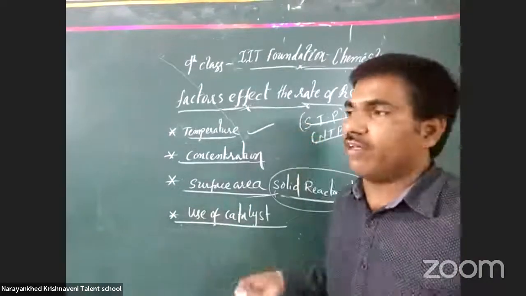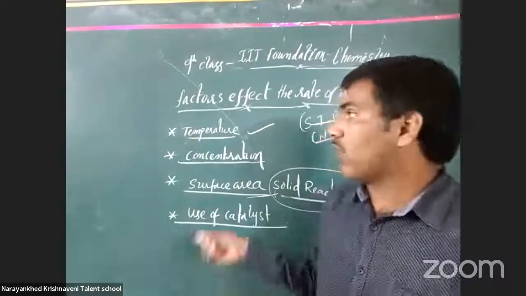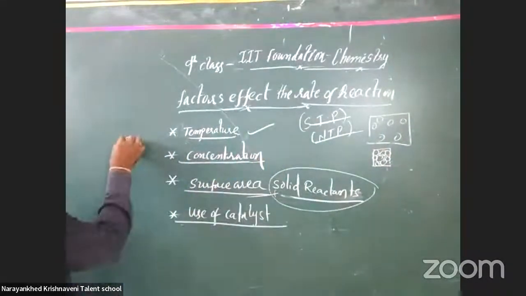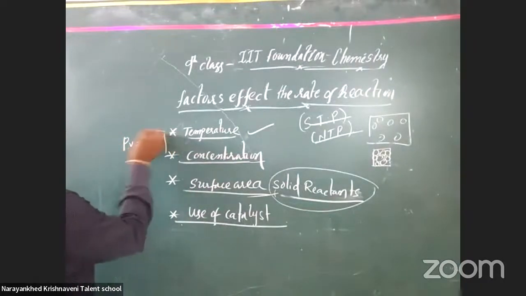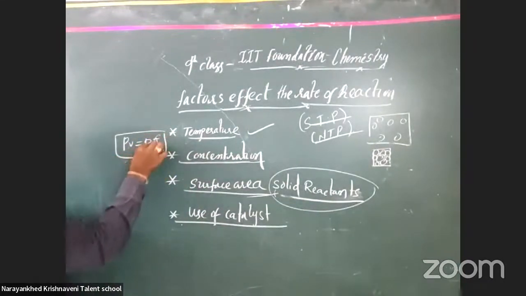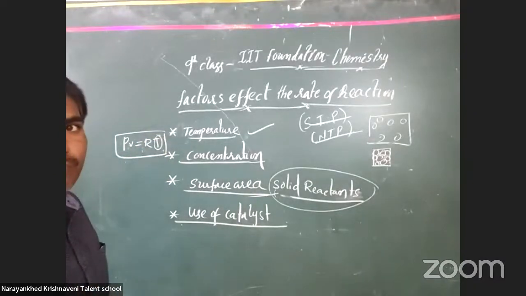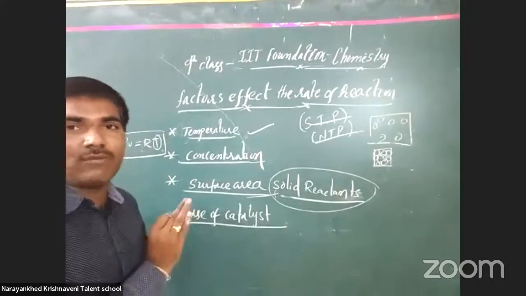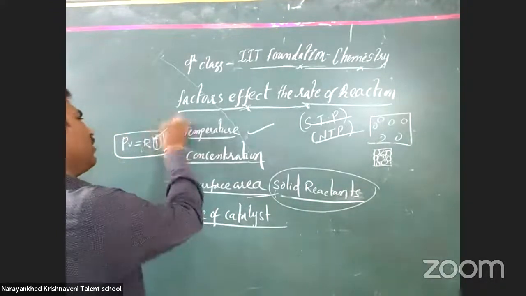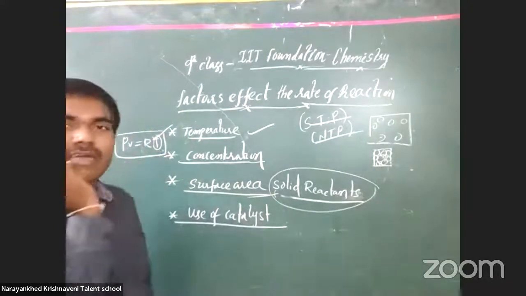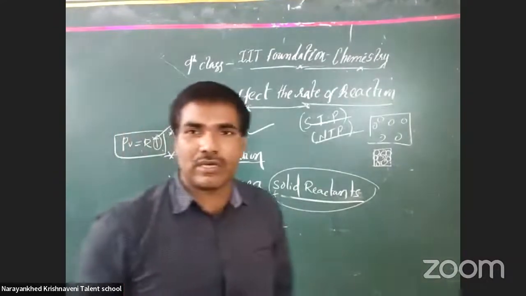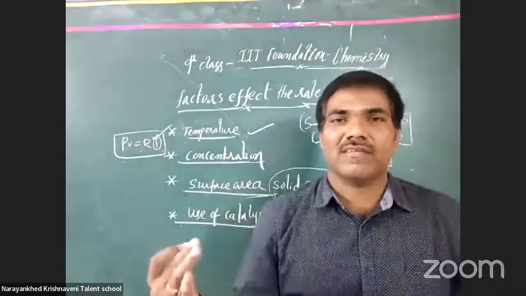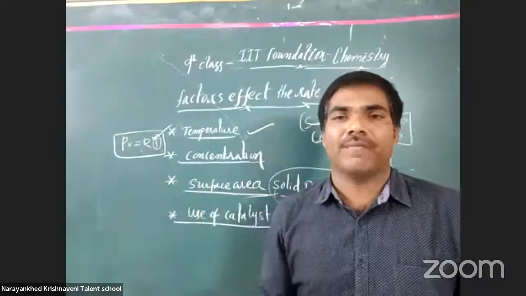One law is there, Boyle's law, PV equals RT, relating pressure and volume. In this formula, temperature plays the main role. Not only chemical changes, but physical changes also depend on temperature, which plays the main role.